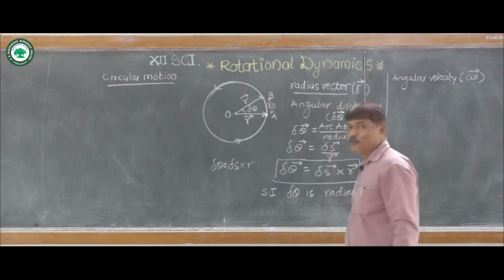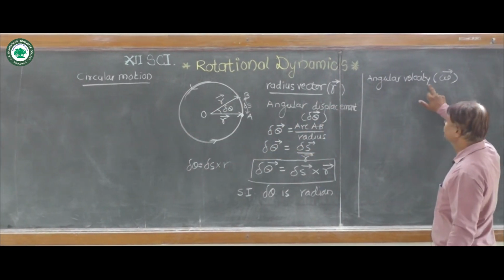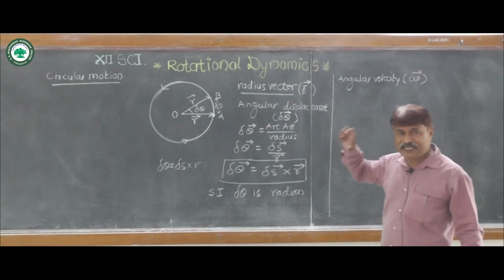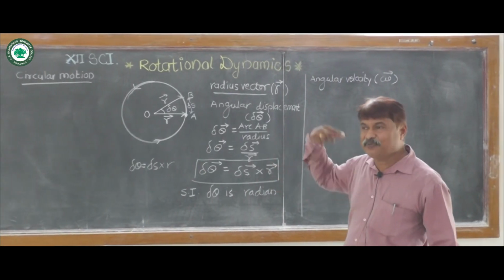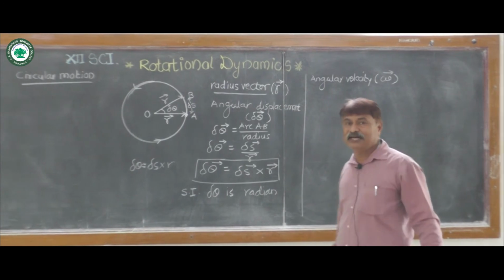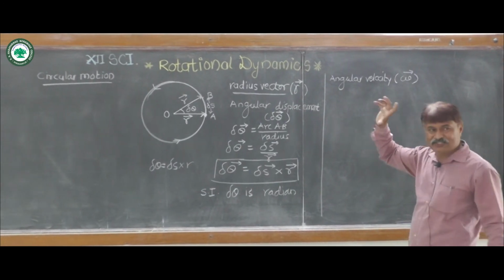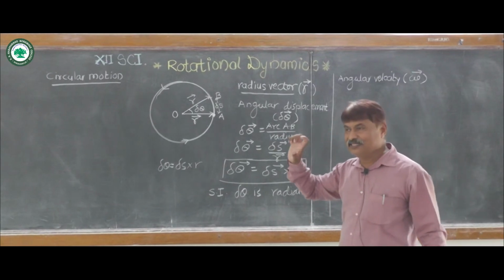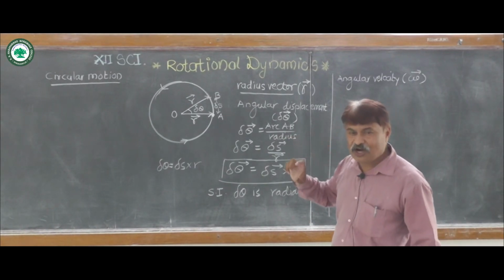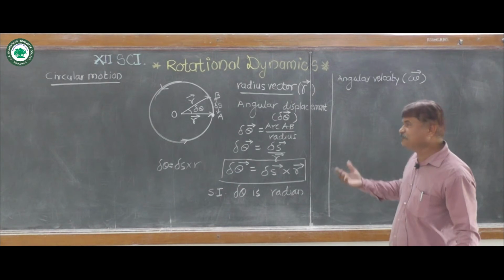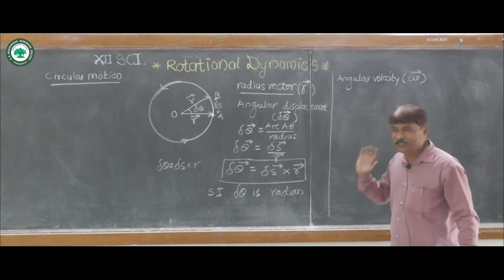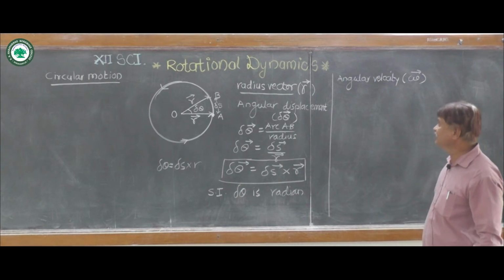The definition of omega bar is: the rate of change of angular displacement with respect to time is called angular velocity. We know the definition of linear velocity: the rate of change of linear displacement with respect to time is called linear velocity.